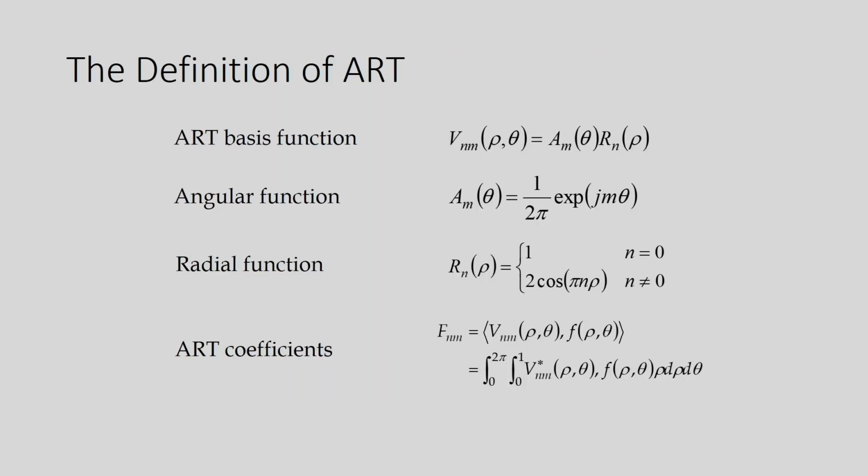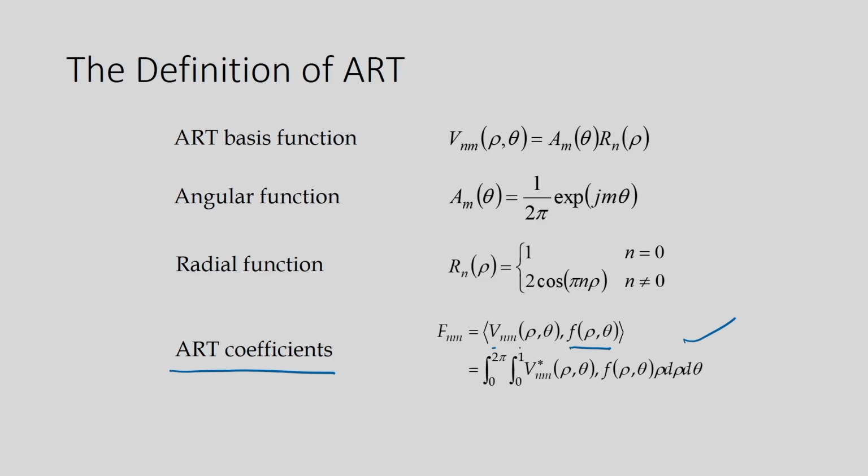So what is the definition of the MPEG 7 ART descriptors? Here you see these are the ART coefficients I can get by using this expression. In this case f(rho, theta) is nothing but the image function represented in polar coordinates, and V_nm is the ART basis function.